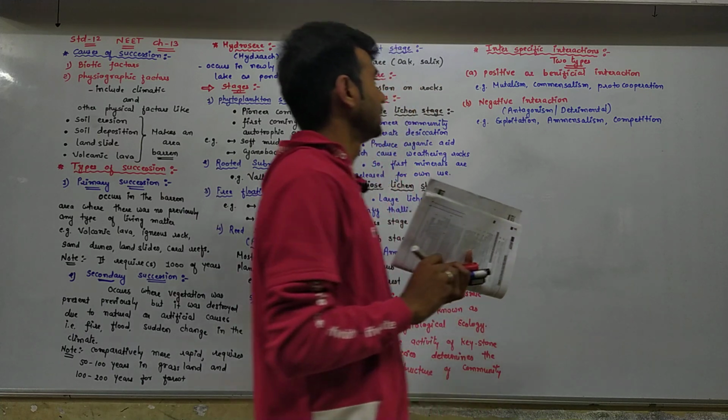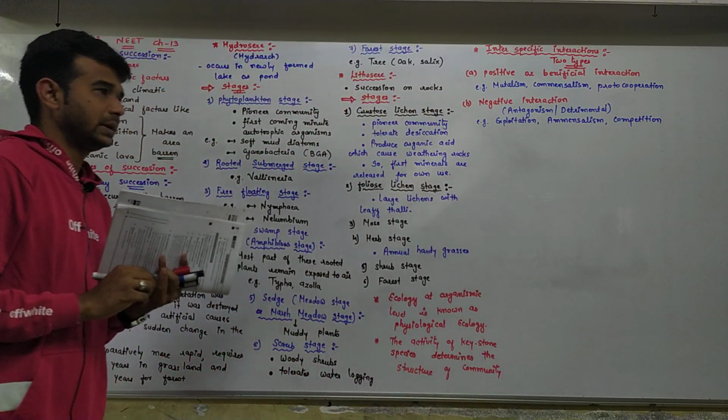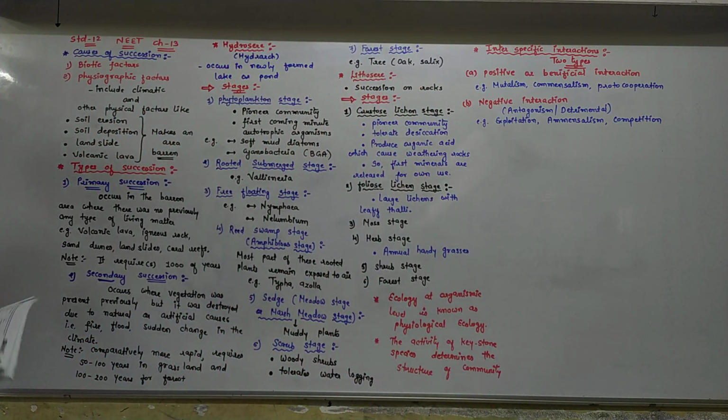So here interspecific interaction, in that two types are there. In one, one or more interrelated species got harm. In the other, one or more got benefit, but no one gets harmed. So mutualism, commensalism, and proto-cooperation, these are the examples of it.